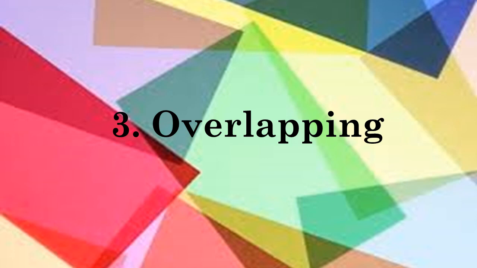Now our third term is overlapping. Here you are finding some background image. Colors are getting mixed in each other to get the desired color. So here red, pink, blue, green, yellow colors are getting mixed in each other to get some mixed color effect at the overlapped portion.